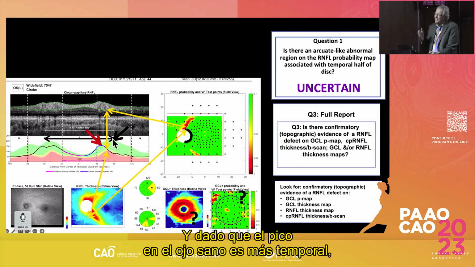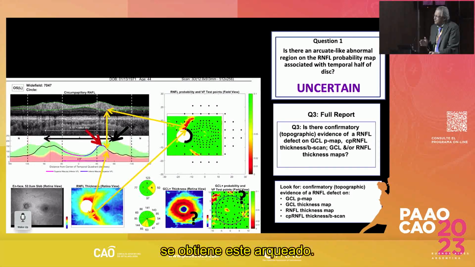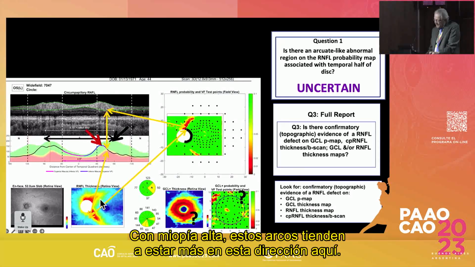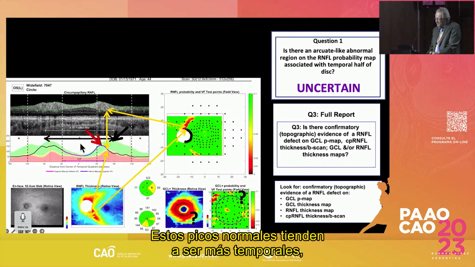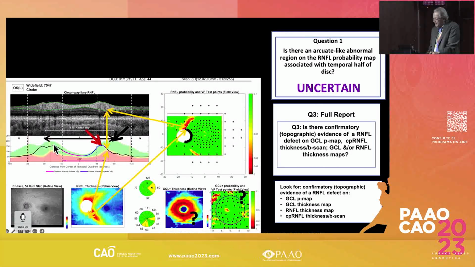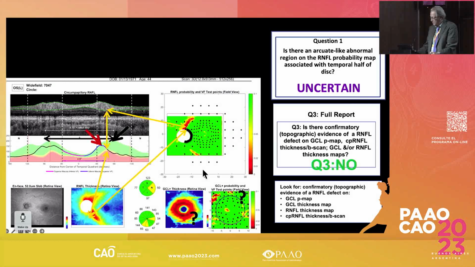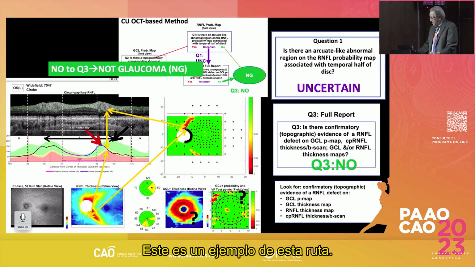And since the peak in the healthy eye is more temporal, you're getting this arcuate. And this is what happens with high myopia, because with high myopia, these arcuates tend to be more in this direction here. These defects, normal peaks tend to be more temporal, and you get these red regions in your high myopes. Okay, so this is an example of this route here.